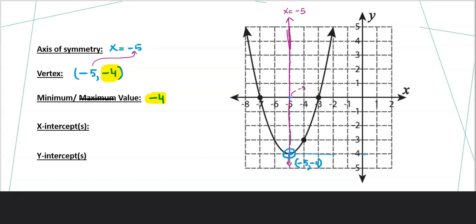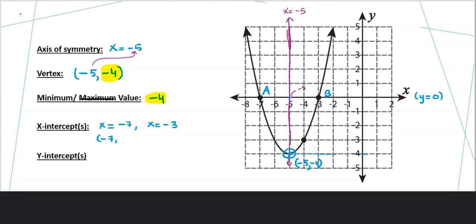x-intercept. As we studied, the x-intercepts are the points where the curve intersects the x-axis. So clearly these are the points A and B. What are the values of x here? x is equal to minus 7 and x is equal to minus 3. When we write it in the form of points, we write minus 7, comma, and what is the value of y on the x-axis?